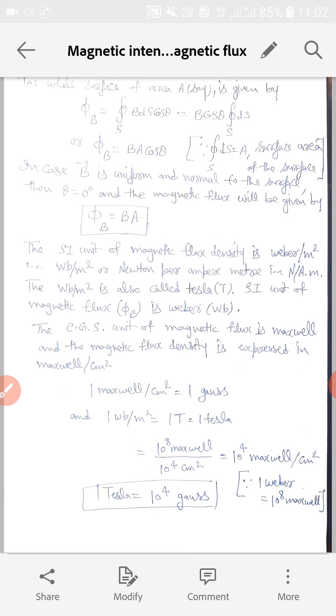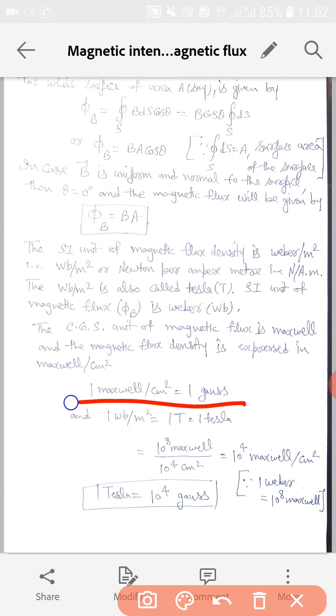In a similar fashion, 1 Maxwell per centimeter square is equal to 1 Gauss. That is 1 Gauss, and 1 Weber per meter square is 1 Tesla. And there is a relation between Weber and Maxwell. 1 Weber, which is the SI unit of magnetic flux, is equal to 10 raised to power 8 times Maxwell.